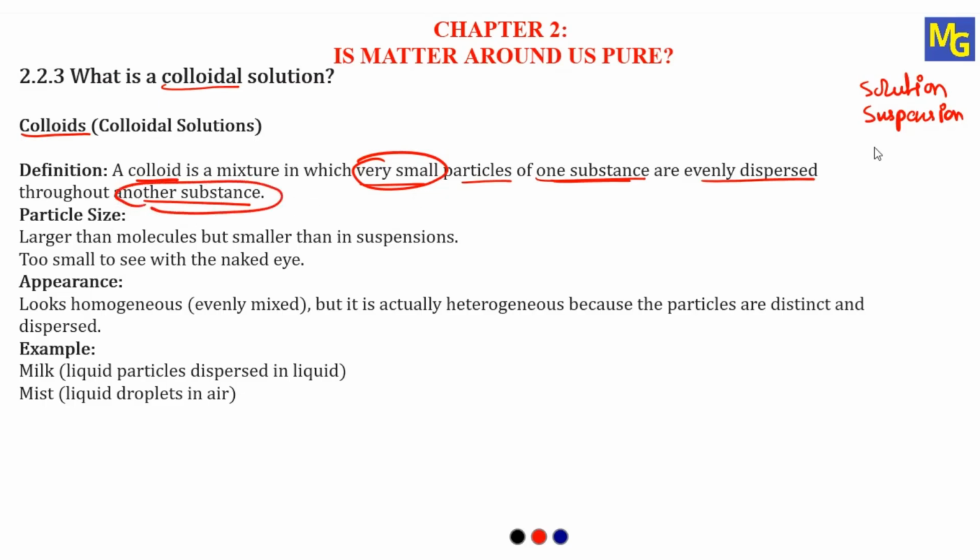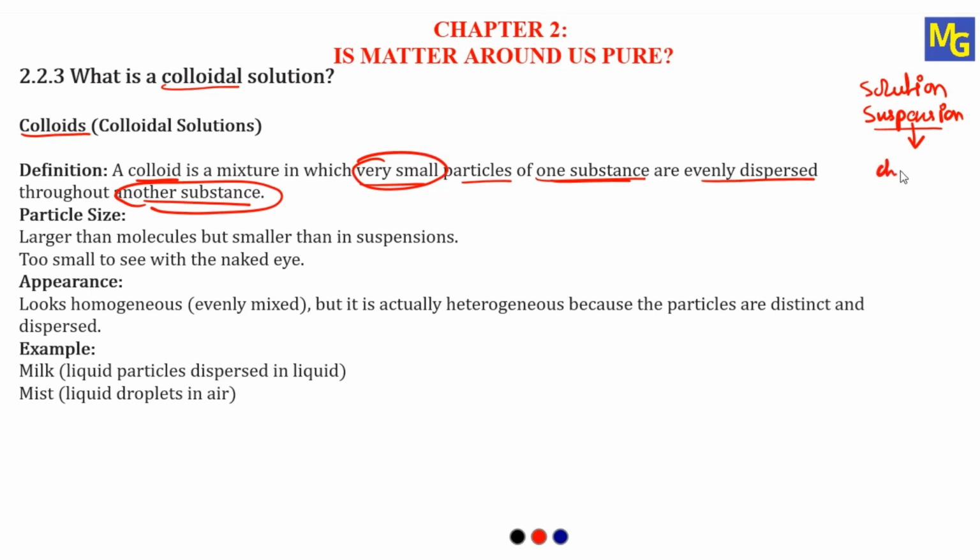So see the difference between suspension and the colloid. In suspension also there will be two substances, but one substance particles will not be very small. The particle size will be little big and it will not be mixed evenly in the other substance. That is called a suspension. Just now I have explained in my another video. Already I have uploaded, you can watch that video.